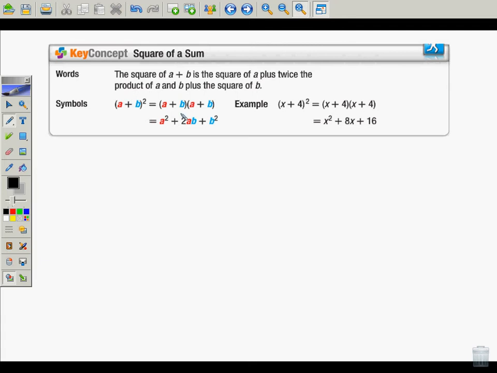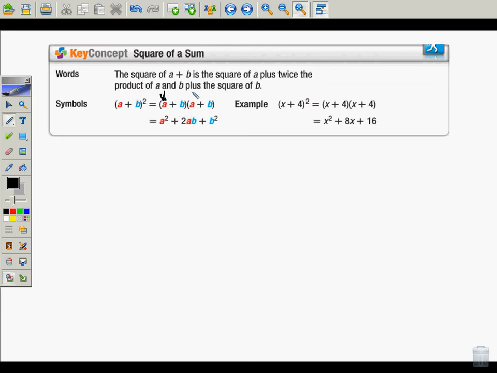If we have something like a plus b squared, so notice I have the square of a sum, I'm adding and then I square it. Well, that's obviously the same thing as saying a plus b times a plus b, because anything squared is just something times itself.